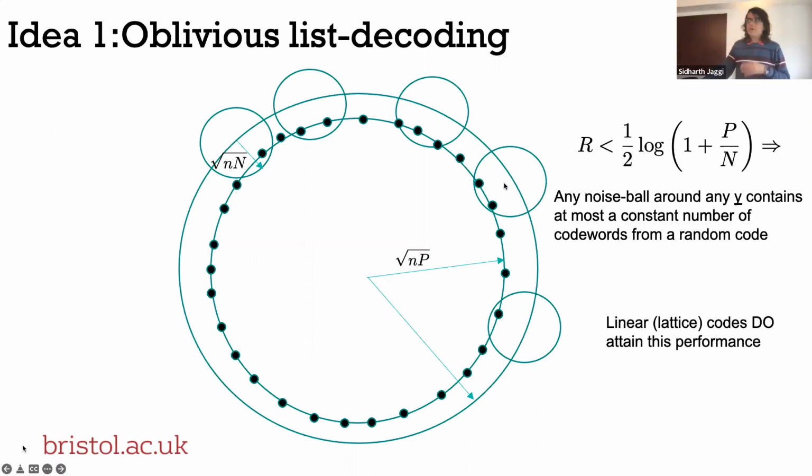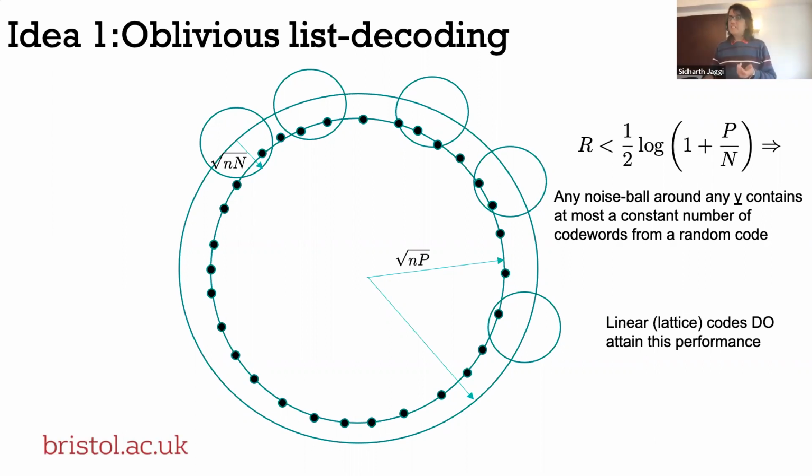This is a very useful tool to have in your toolbox, because in an adversarial setting, the receiver may not be able to exactly infer what was being transmitted by the legitimate transmitter, but the adversary will never be able to confuse you between more than a constant number of alternatives.